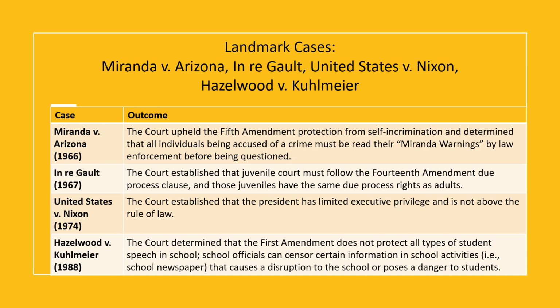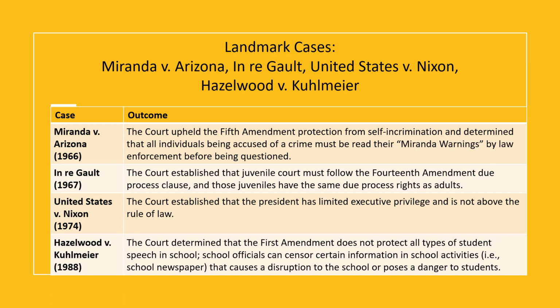In United States versus Nixon, this was 1974, the question before the court was whether or not the president has some executive privilege, meaning that he can, in essence, interpret the law in a way that he's not held accountable to it, or whether or not everyone must follow the rule of law, regardless of the position that they hold.